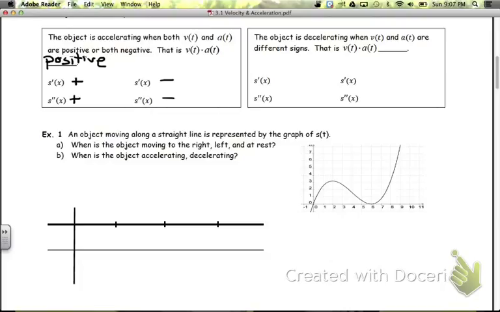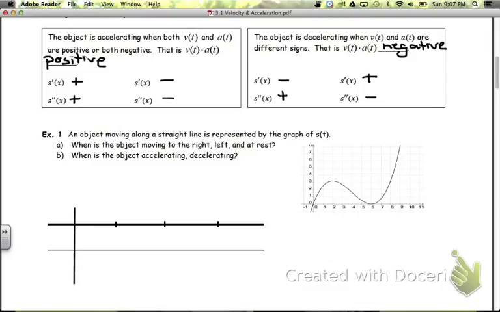And when we're talking about deceleration, they are going to be different signs. That is when you multiply your v of t, your velocity, times your a of t, your acceleration, this will be negative. So if our s prime was negative, our s double prime would be positive, or vice versa.